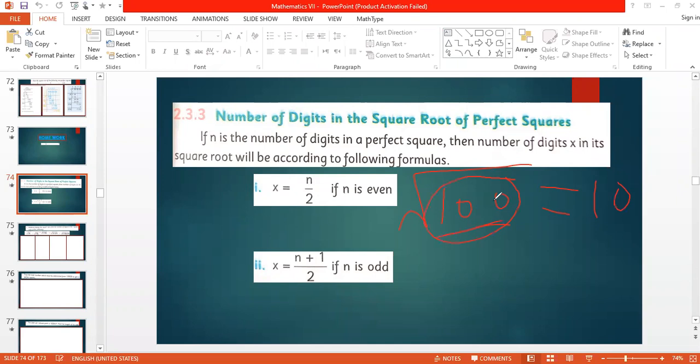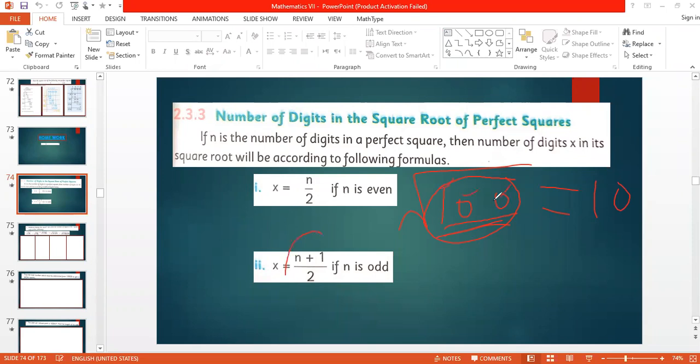So is this even or odd? Not the number itself, the number of digits in this number. Yes, the number of digits is odd: 1, 2, 3. So that's odd.